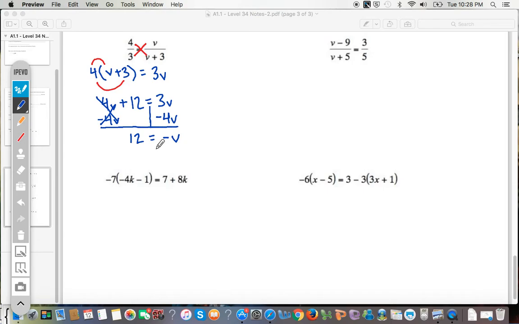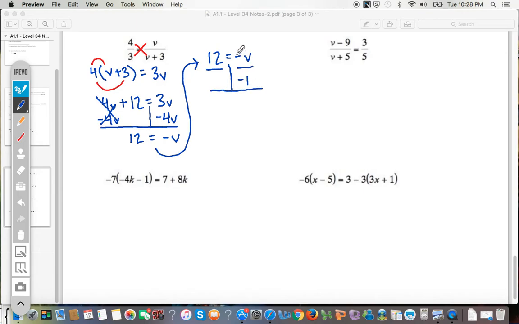So some of you might think we're done, but we're not, because we're trying to solve for v, not negative v. So because I have 12 equals negative v, I need to divide both sides by negative 1.